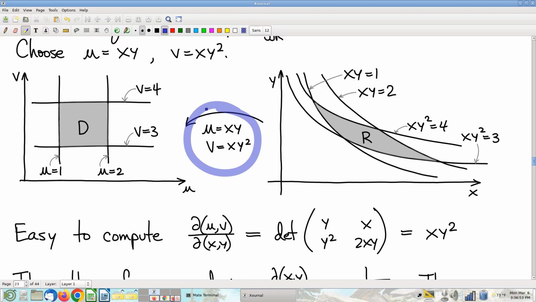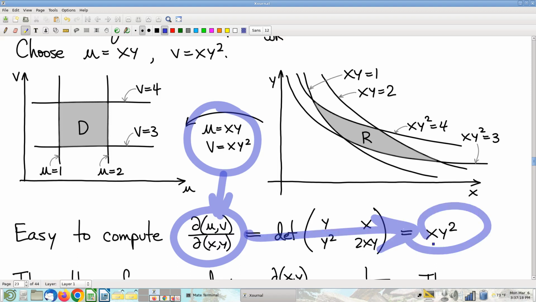If you don't want to or can't, whatever the case may be, solve for x and y, I'm going to leave it as that we have u and v as functions of x and y, and let's just pretend that we can't go the other way. So I can't take the derivatives of x and y, I can only take the derivatives of u and v. So I'm going to compute partial uv, partial xy. Easy algebra, you take a couple of partial derivatives, write down the determinant, you multiply it out, etc., and out comes xy squared as my stretching factor.